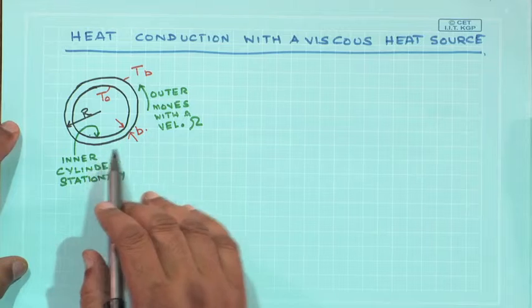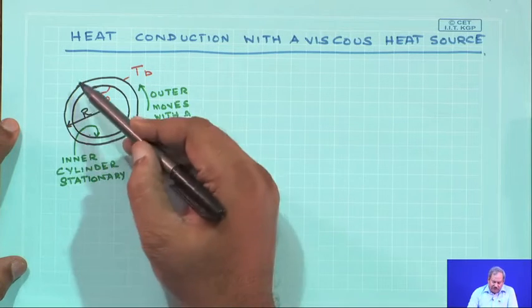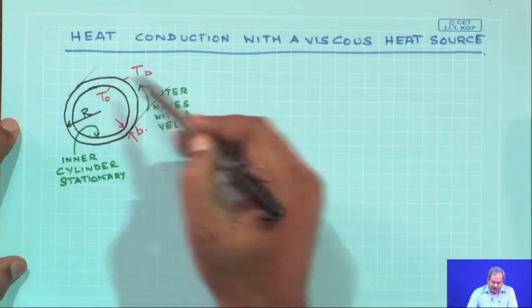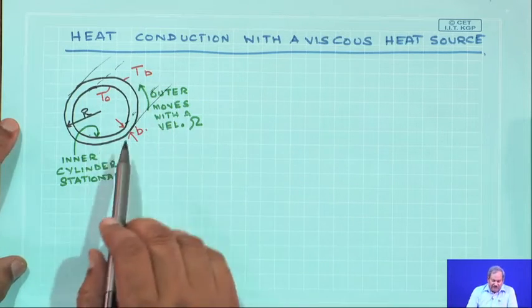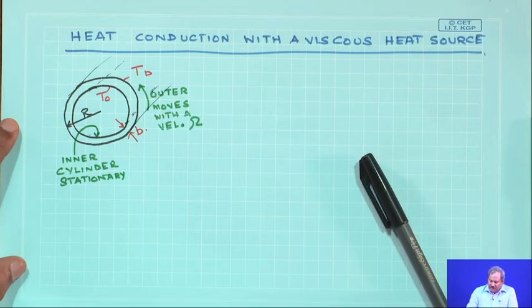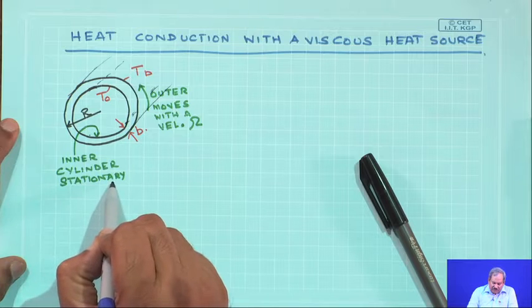So, the system looks something like this, as I have drawn over here. These are cylindrical systems. These two are essentially concentric cylinders, one inside the other, and you have the inner cylinder which is stationary.